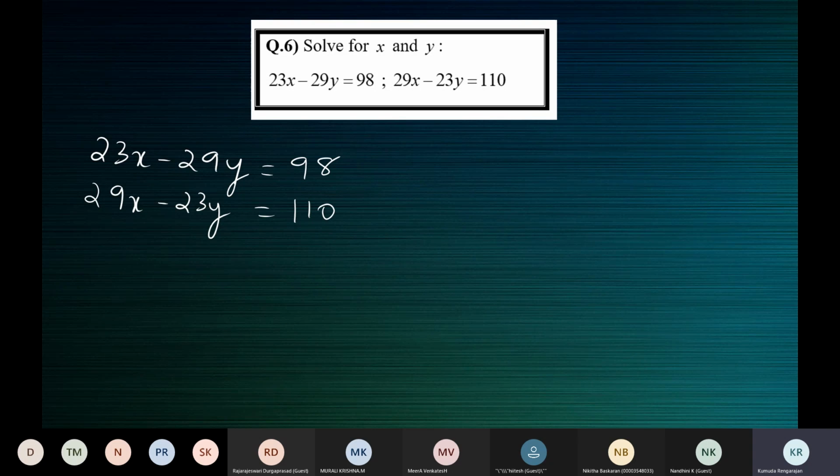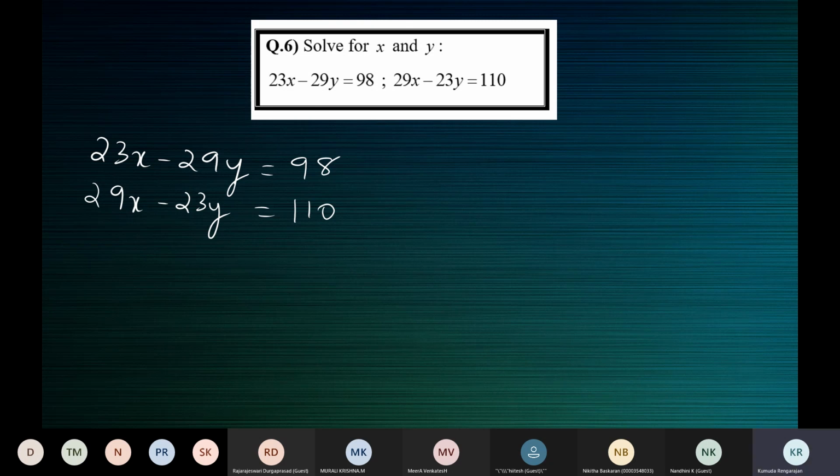Now, what we observe in these two equations is that the coefficients of x and y matter. Forget the constants. The constants can be any numbers. We are interested in the coefficients of x and y.